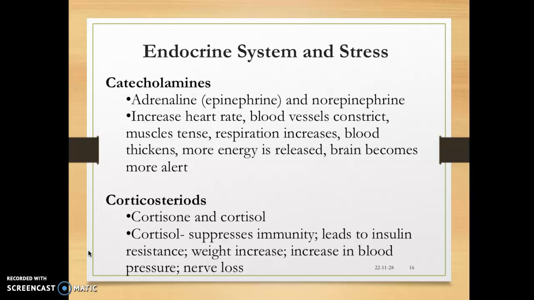When we look at cortisol, under the corticosteroids, they can suppress immunity and cause insulin resistance, leading to diabetes, increased blood pressure, etc. Increased cortisol is associated with various diseases, like again hypertension, heart attack, diabetes, arthritis, stroke, multiple sclerosis, a variety of infections.